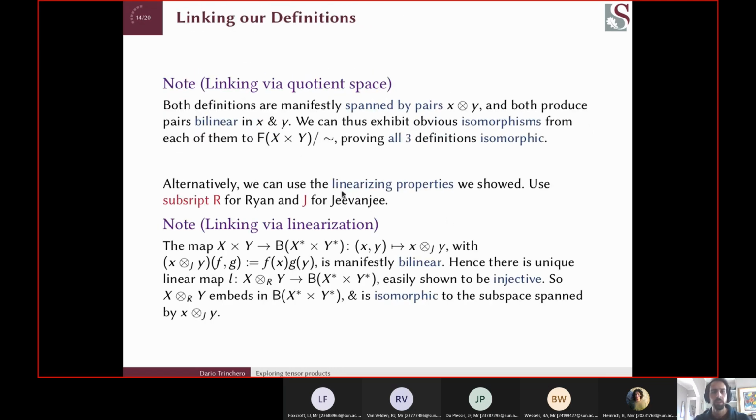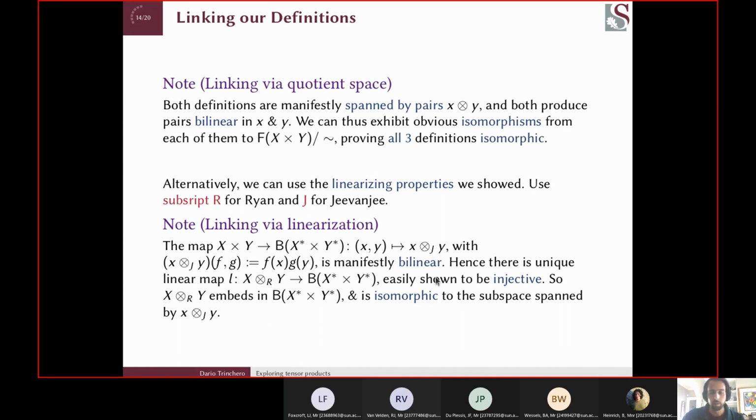So what we can notice is, okay, just to avoid ambiguity, let's use subscript R for Ryan's definition and subscript J for Givenchy's definition. The map exhibited by Givenchy, which takes a pair to its tensor product, that is the tensor product in Givenchy's definition, which lives, remember, in bilinear forms on the Cartesian product of the two dual spaces, is bilinear.